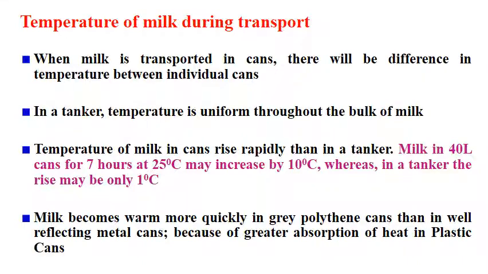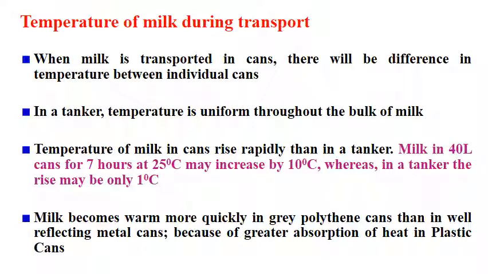When milk is transported in cans, there will be difference in temperature between individual cans. There are so many cans, and they will have differences in temperature. Whereas in a tanker, temperature is uniform throughout the bulk of milk. Temperature of milk in cans rises more rapidly than in a tanker.